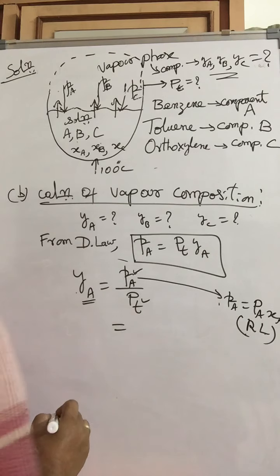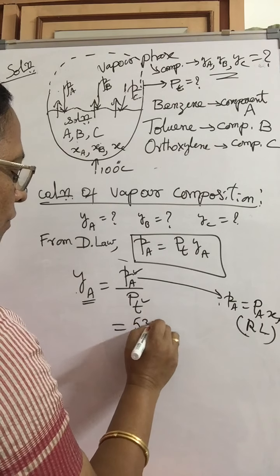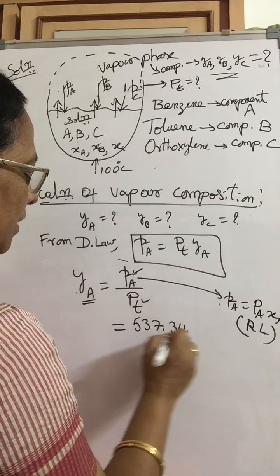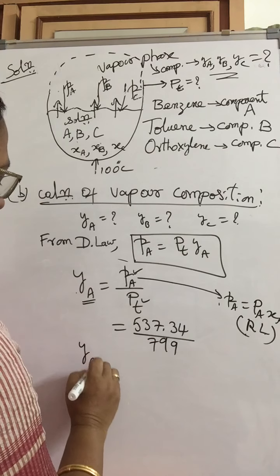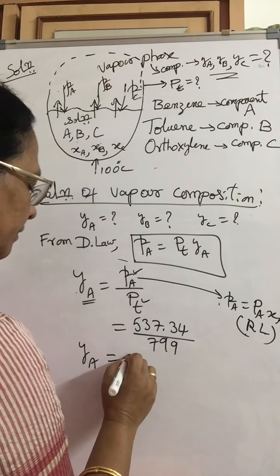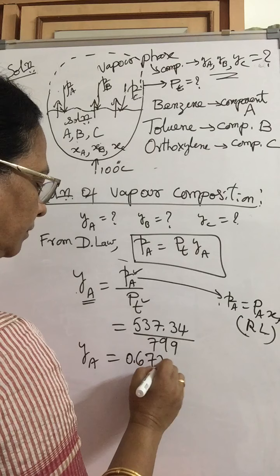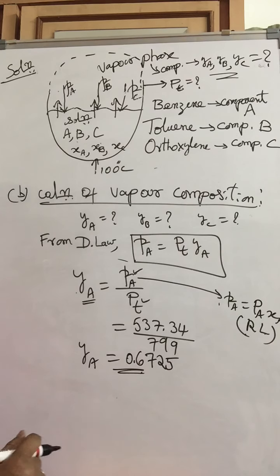So what is PA? 537.34 divided by 799. So YA is equal to 0.6725. This is YA. Similarly, we can calculate YB and then YC.